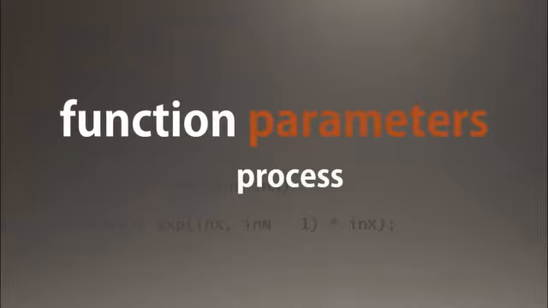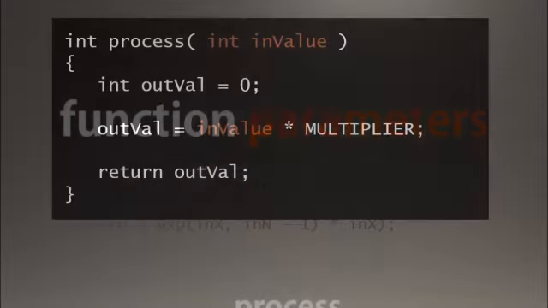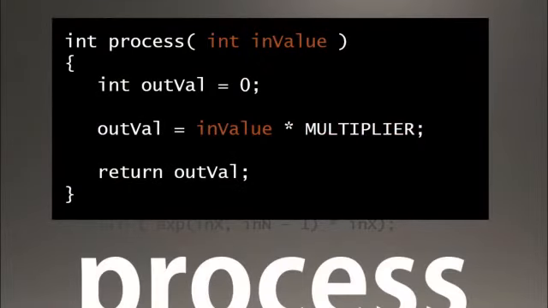All right, we have a parameter list in the function process. Now what parameters are, in this early going, are values that we are sending into the function. So whatever we have passed into inValue, whatever we have assigned as a parameter to this list, is received and available inside of process.